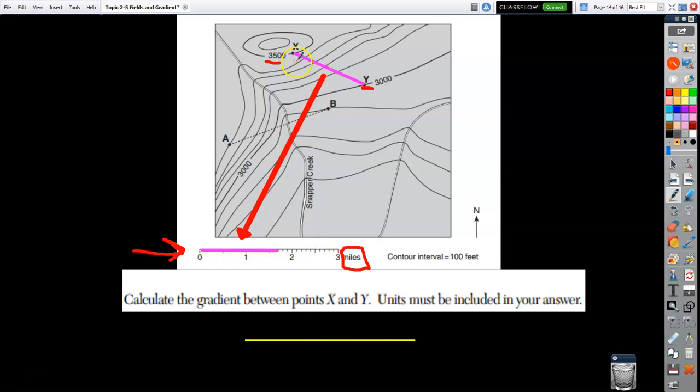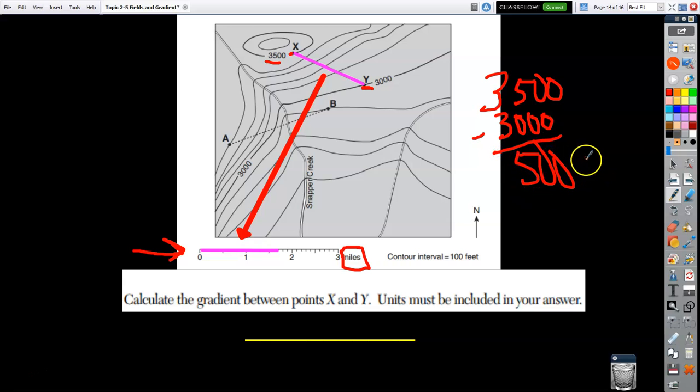So in this case, I know X is 3,500 and Y is 3,000. That's easy. I'm going to subtract 3,500 minus 3,000. That's my change in field value. So that is 500. I've got a difference in elevation of 500 feet. You might say, how did I know it was feet?